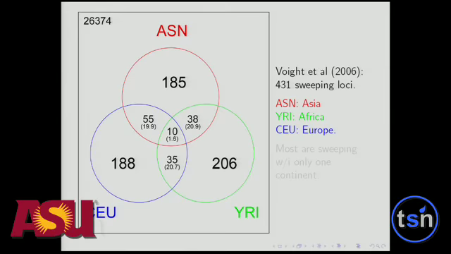And next slide. This is a summary from a paper that's now a couple of years old. It's a Venn diagram showing the numbers of selective sweeps that one group estimated in a scan of the human genome. Each circle refers to a different major human population.